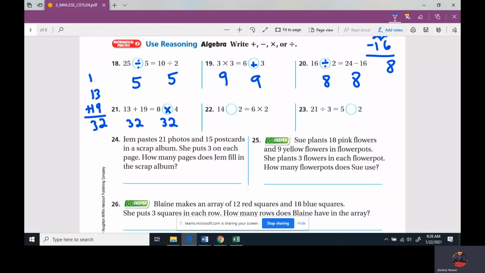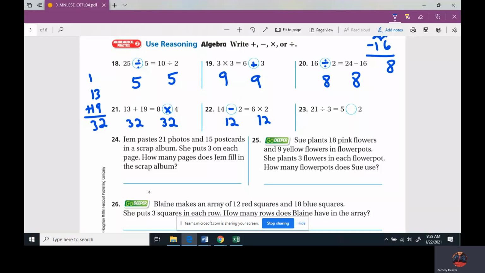If you're on your little chart, you got to count down 0, 1, 2. 12. 6 times 2 is 12. So now, Annie, what's 14 plus 2? Are they equal? No. What's 14 minus 2? There it is. Last one.